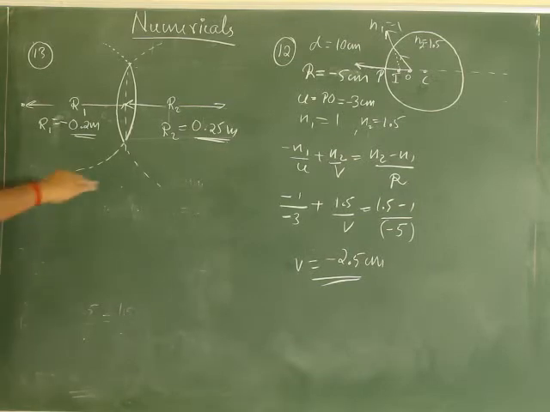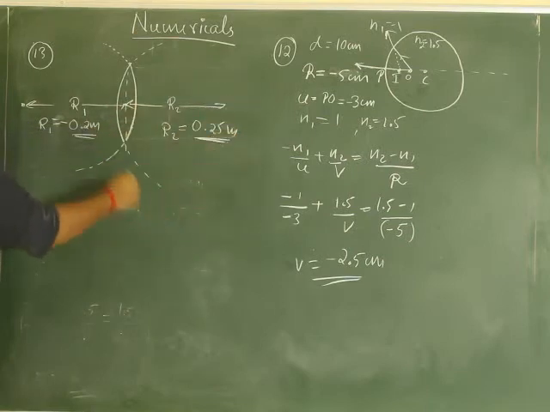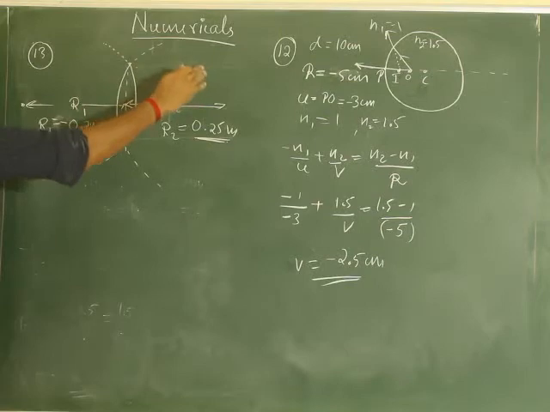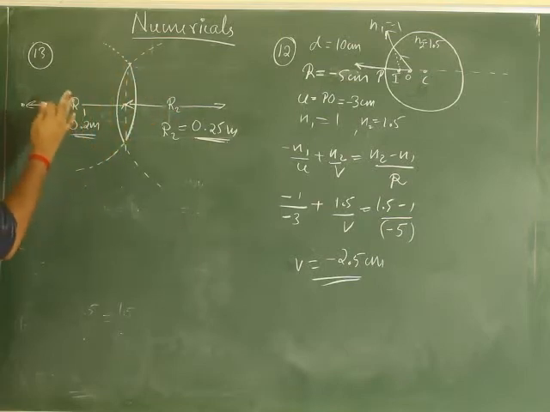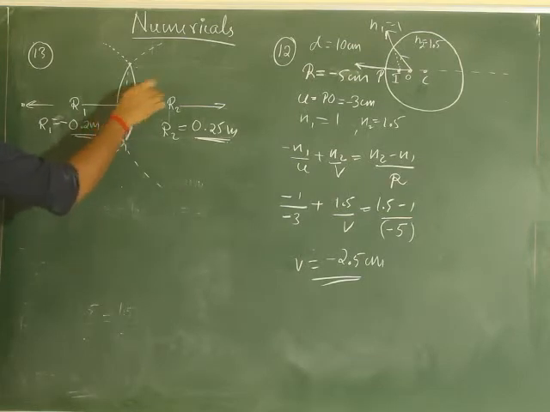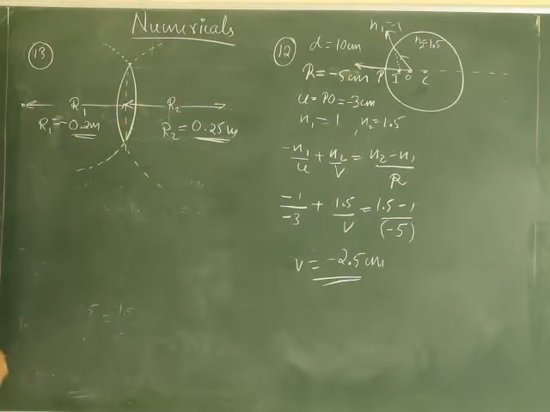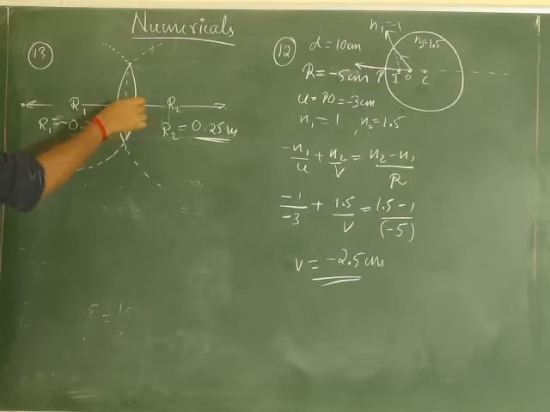R2 is this particular refracting surface I have taken. So when you start measuring the radius of curvature from this direction to this direction, you are measuring in which direction? Yes, opposite direction, right? So of course what happens? It becomes negative.